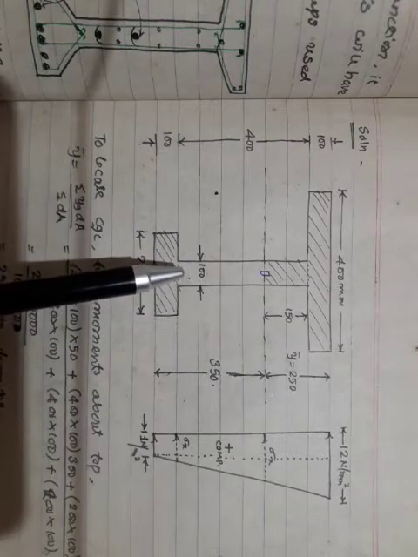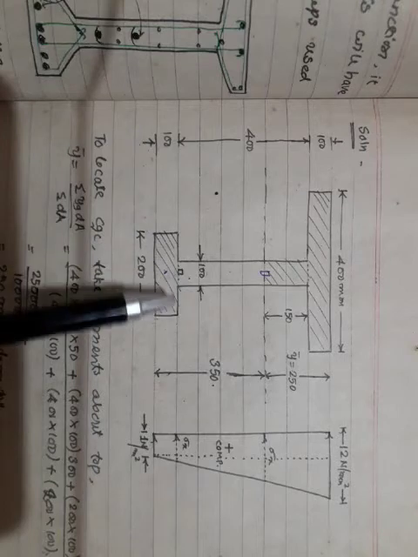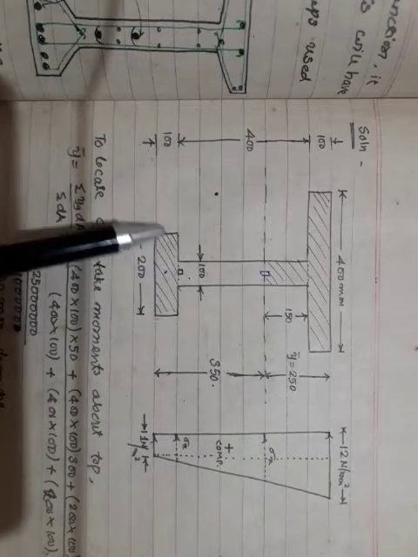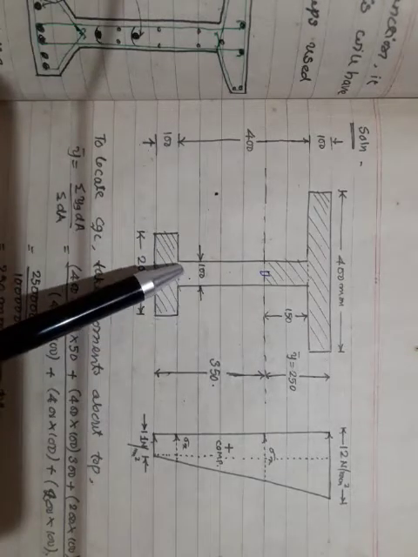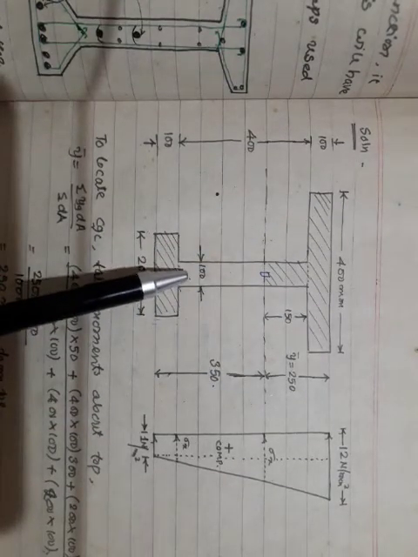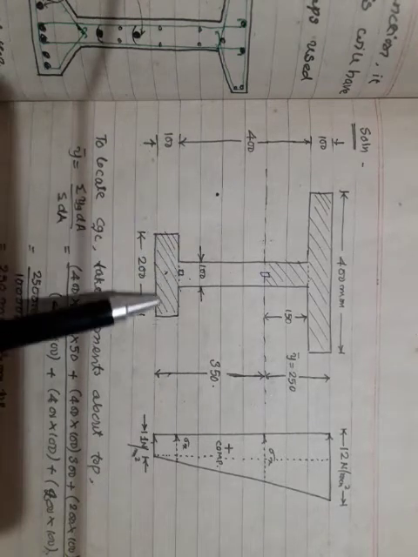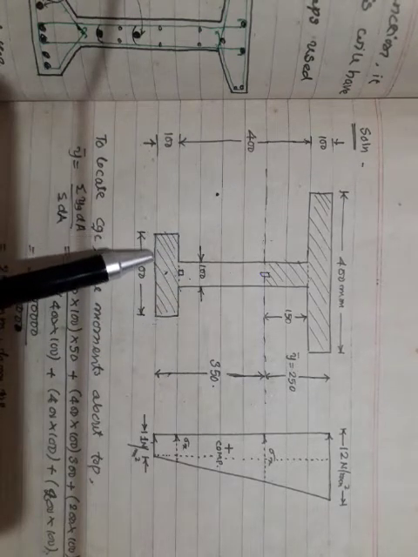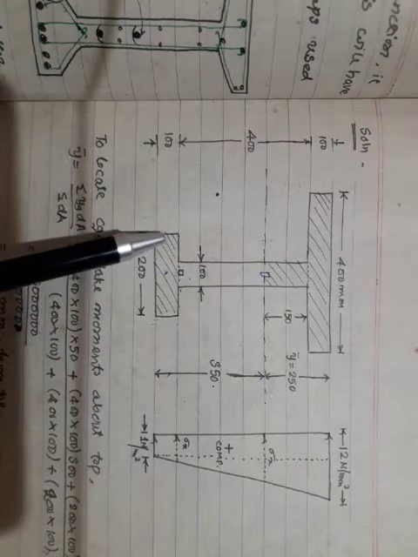Below the point of the element, I have to consider the area. Either you can consider this area or the area above. Above is so much, below is so much. Since below I have got only one area, it becomes easy to calculate, so I am considering this area.